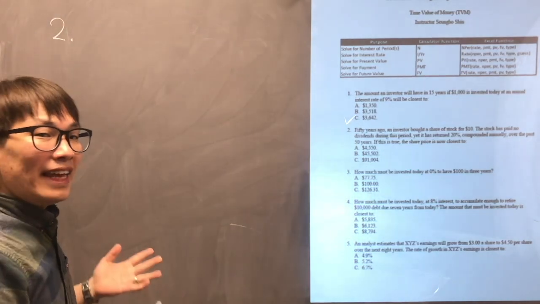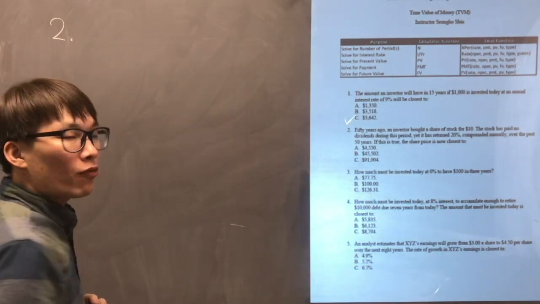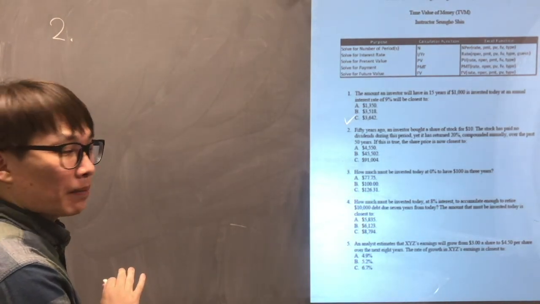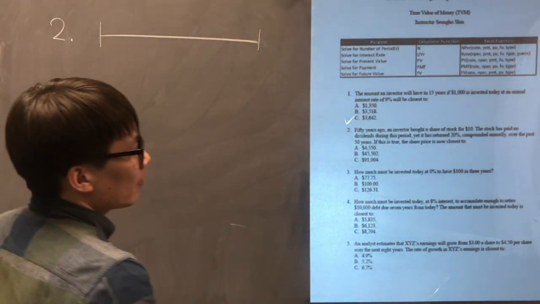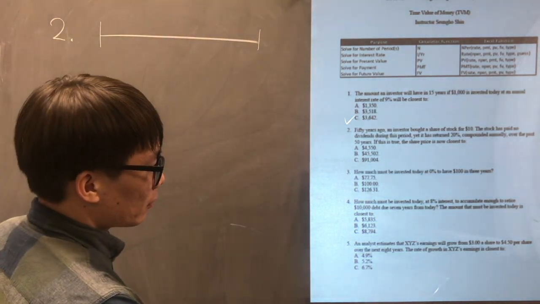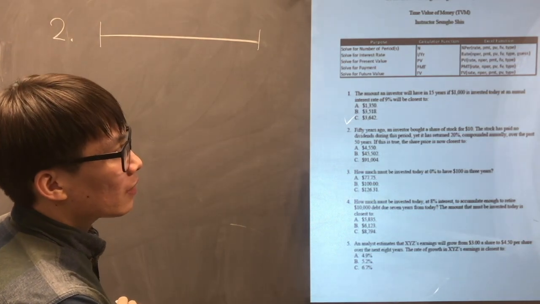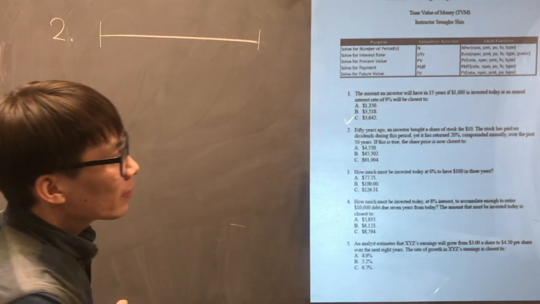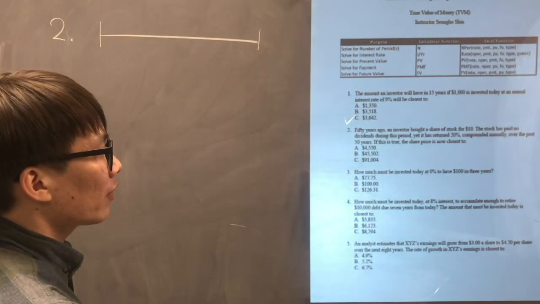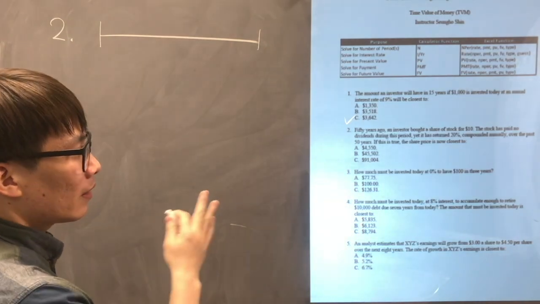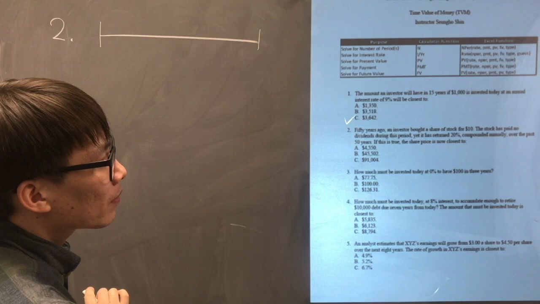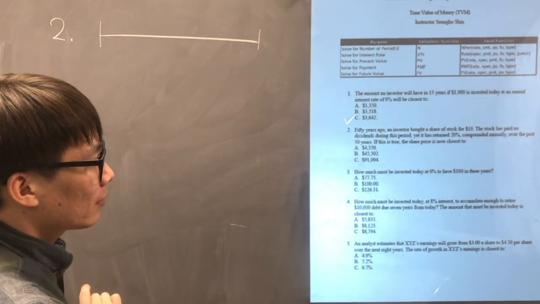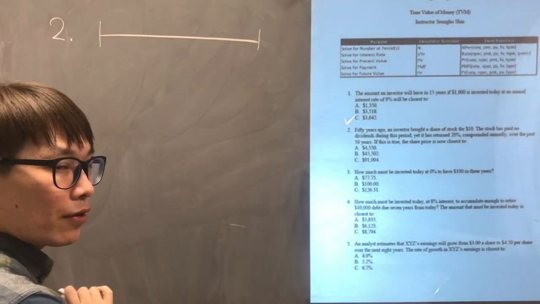Question 2 is exactly the same as question number 1, but with slightly different wording. Again, draw the timeline. 50 years ago, an investor bought a share of stock for $10. The stock has paid no dividends during this period, and the interest is 20%, right? And 50 years. Now its value.